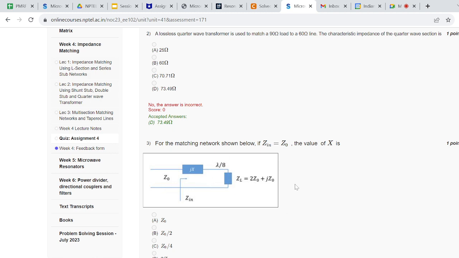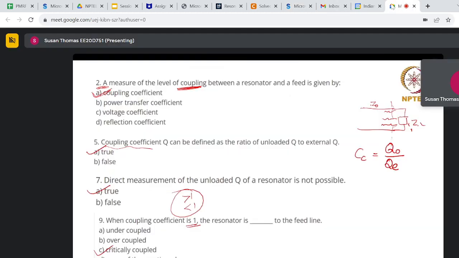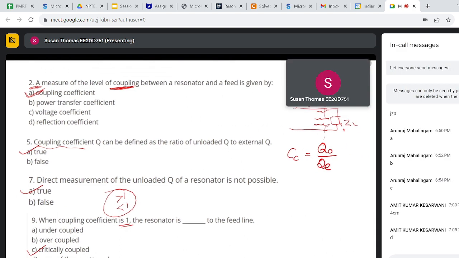Okay. You can email me the solution, and I'll check and get back to you on this. Week 4, question 3. Please give me your email ID, ma'am. You can check the chat box for my email.